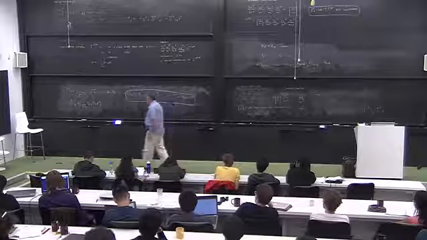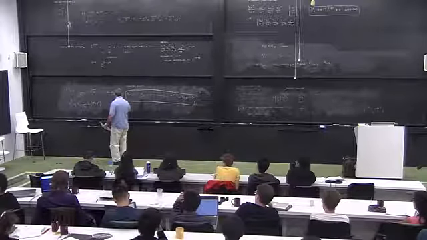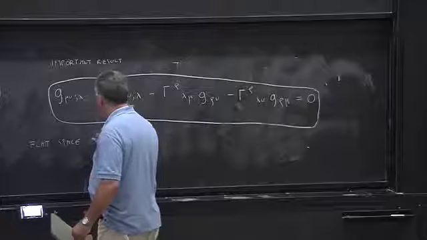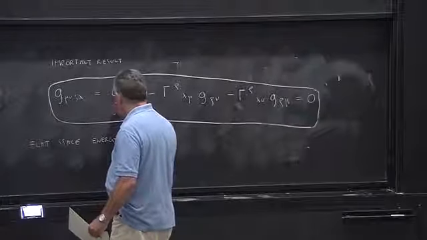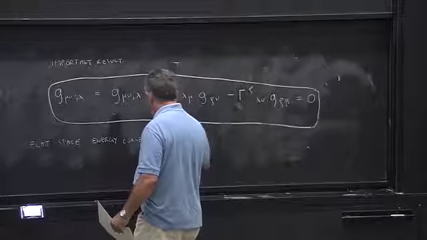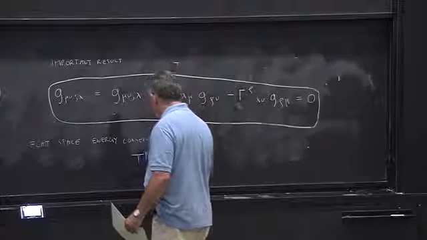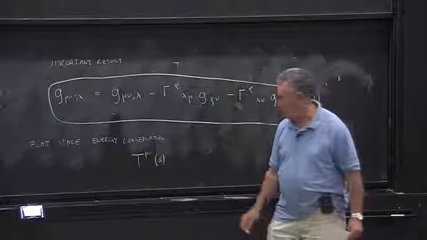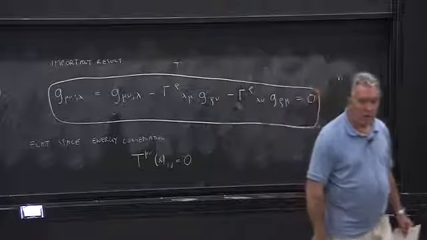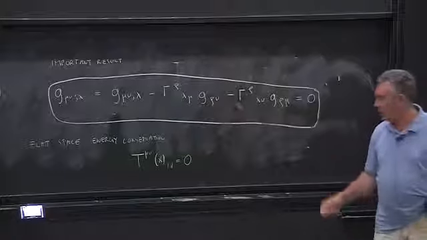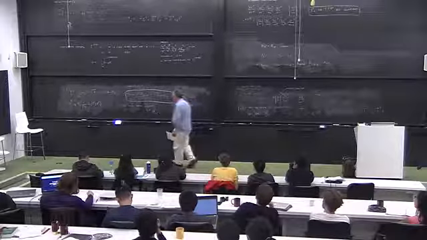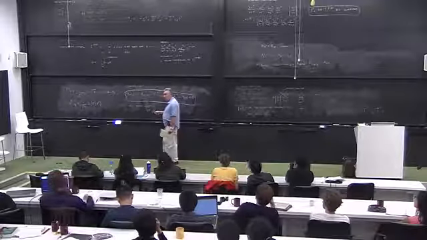But let me give you an example. In flat space-time, energy conservation can be summarized by saying that the energy momentum tensor, about which we'll talk later, has a vanishing divergence. In special relativity, that's energy momentum conservation. Now, in general relativity, this is not a tensor equation.